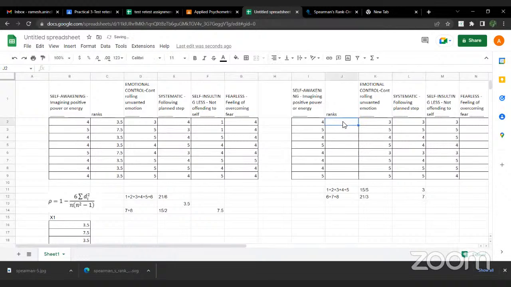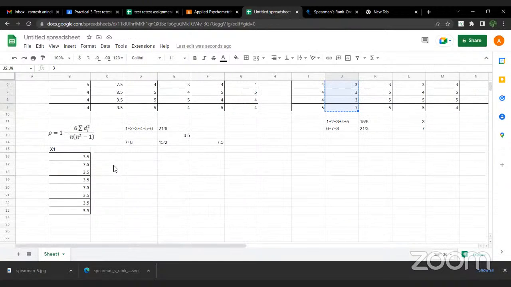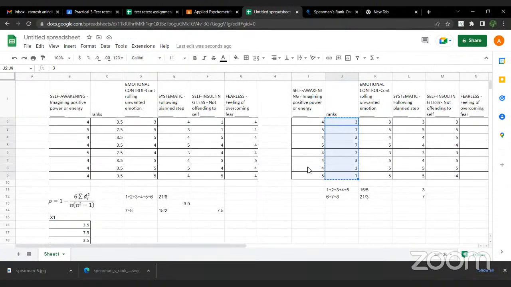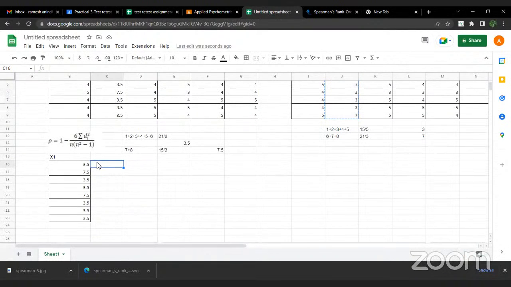So we're going to assign the same things here. For all the 4s, we're going to assign the rank 3, and for all the 5s, we're going to assign the rank 7. So this one, I'm going to take it as x2, because this is the equivalent data that we need.